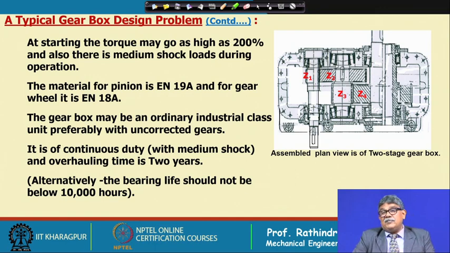And what is the life of the bearing? The life of the bearing is that in the process it will wear out. At some point it will gradually become loose, and as it wears out, the dynamics of the gearbox will increase.